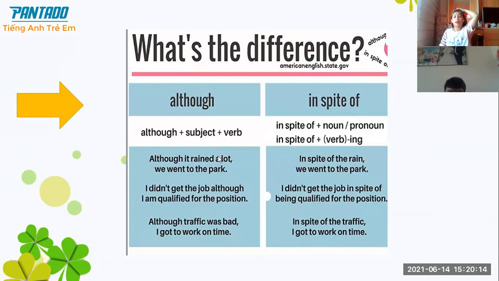Although it rained a lot, we went to the park. Look at although plus subject plus verb, in spite plus noun, in spite plus verb-ing. When you use although it rained a lot, I will underline to make it clearer for you.